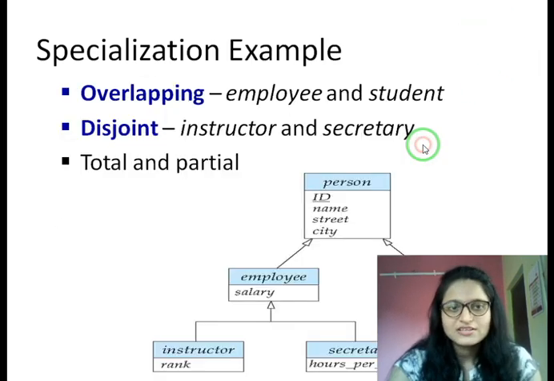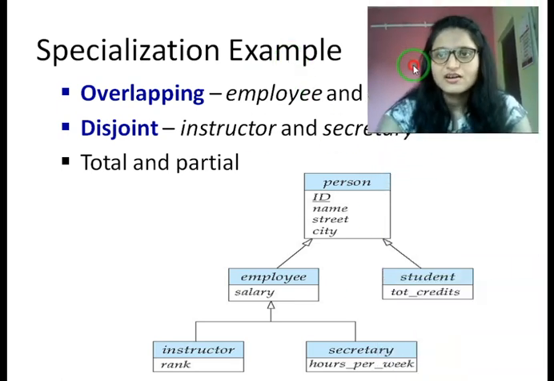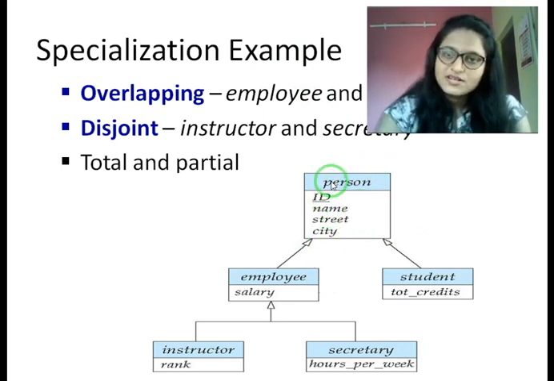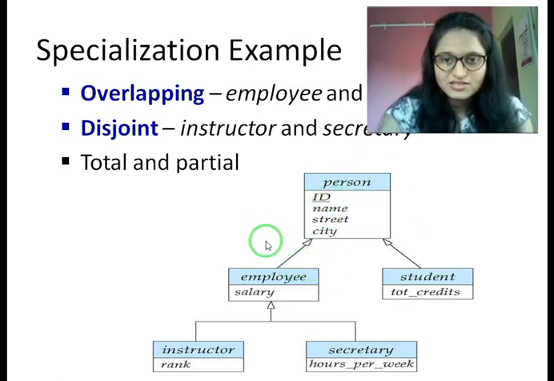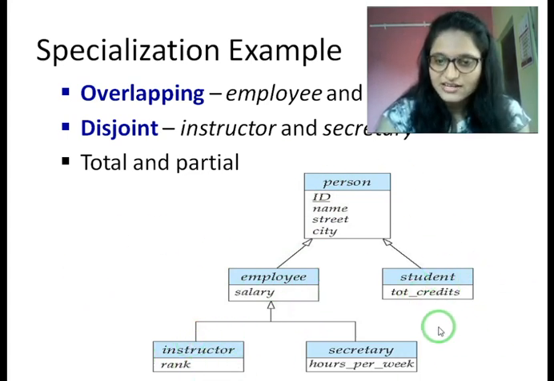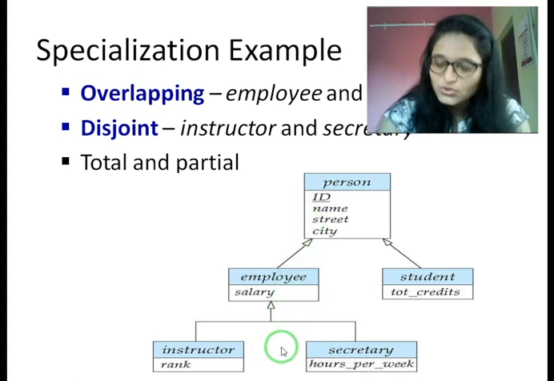So in this way, as a specialization example, see here again there is one person class having subgroupings termed employee and student. In employee also there are subgroupings instructor and secretary. Okay. So this is termed as specialization and it follows the top to down approach.